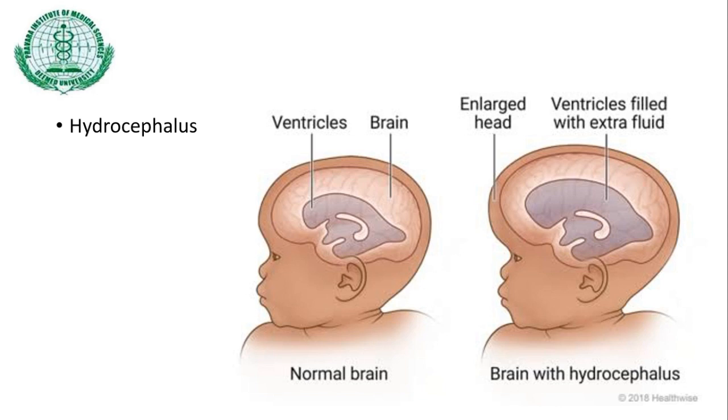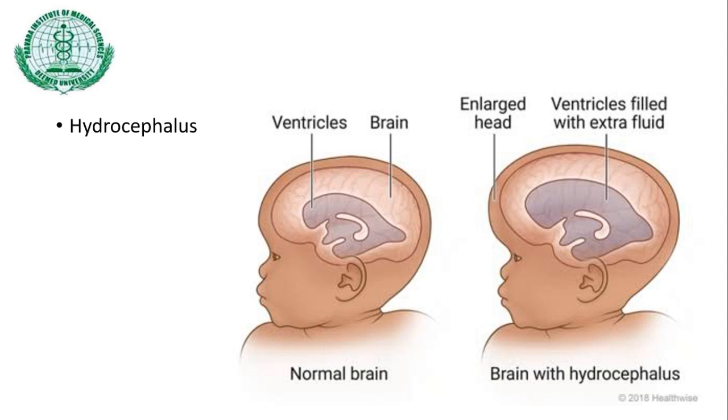Hydrocephalus is a condition where the ventricles are filled with extra cerebrospinal fluid and there is ventricular dilatation. This might occur due to increased production of CSF, or obstruction to the outflow of CSF, or impairment in the absorption of the cerebrospinal fluid through the arachnoid villi.